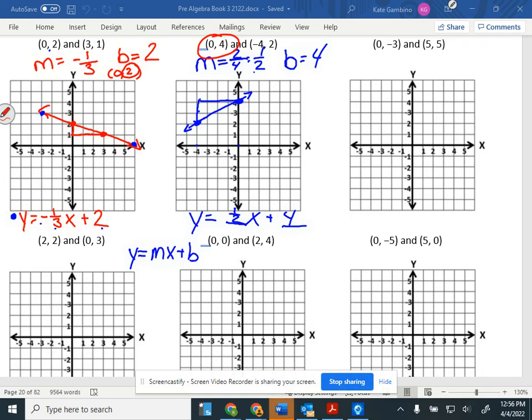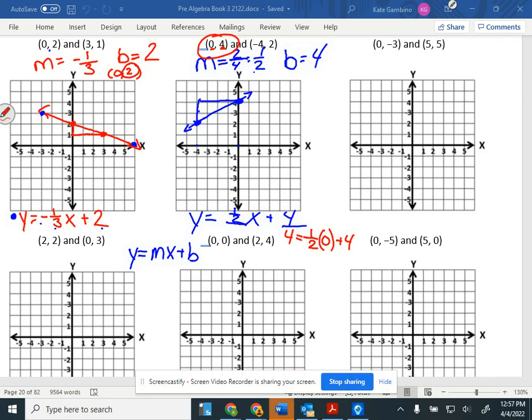So what should I write? So you should write 4 equals 1/2 times 0 plus 4. So I have 4, because that's my y, equals 1/2 times 0, that's my x, plus 4.